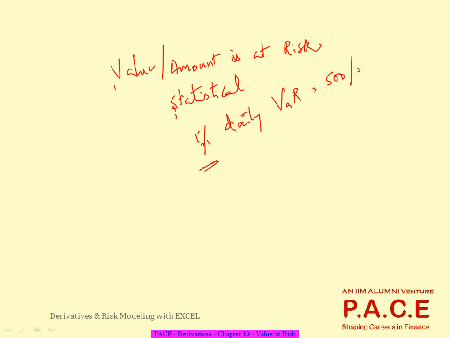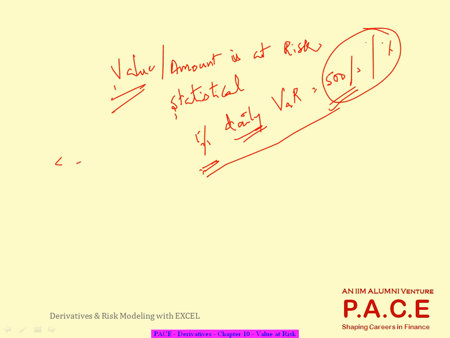Two, there is a mention of time period. And three, there is a mention of amount. Because we call it value, it's better to establish it in rupee terms or dollar terms rather than percentage. So this is the typical representation of any VAR.